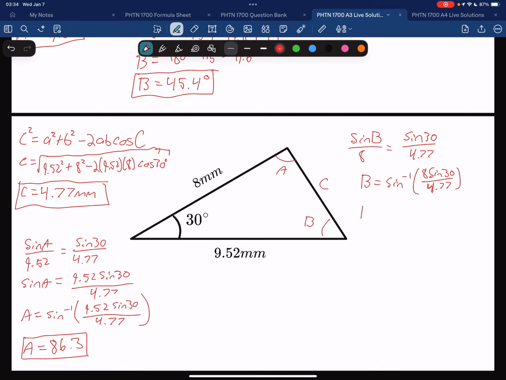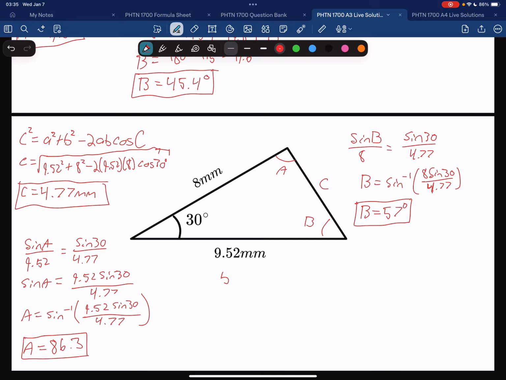And using pretty much the exact same inputs, we are going to get an answer of, let's just call that 57 degrees. So, if we take all these angles and add them up, what are we going to get?